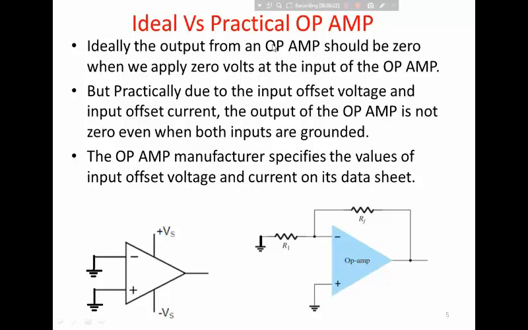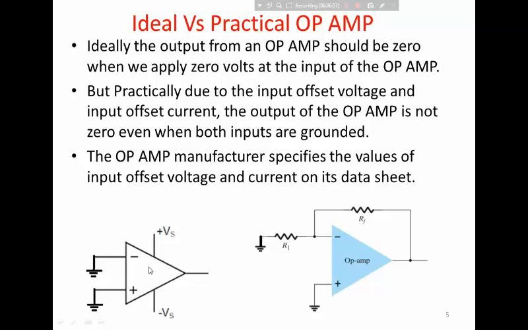So, ideal versus practical op-amp. Ideally the output from an op-amp should be 0 when we apply 0 volts at the input of the op-amp. For an op-amp whose inputs are at 0 potential, that is both input terminals are grounded, there would be no input voltage applied, that is Vd would be equal to 0.